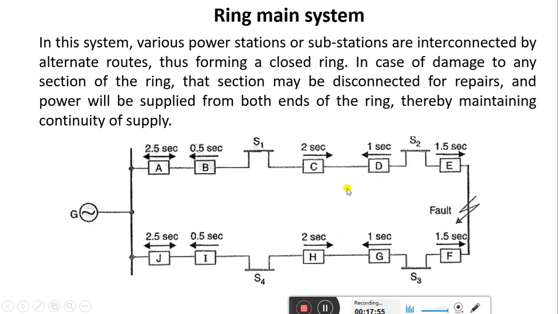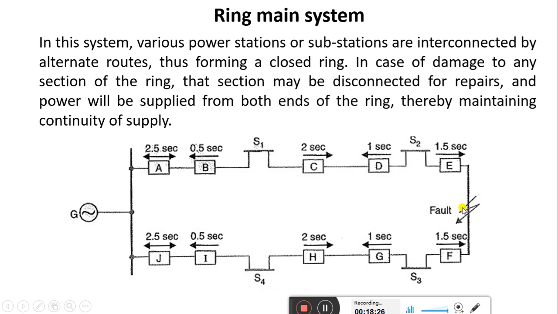Since there are two routes, if a fault happens here, then there are two routes to supply power from this generating station. That is from G, A, C and E, coming to the fault point. And the second route is from G, J, H and F, coming to the fault point. So these are the two routes.